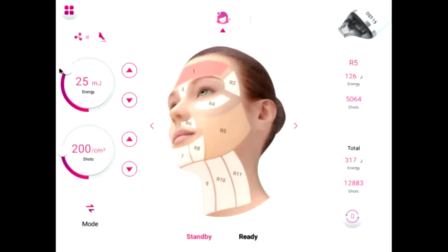And the parameters we set are 20 and 150 square centimeters. The mode we use is both way. And the part we choose is the forehead, and ready.